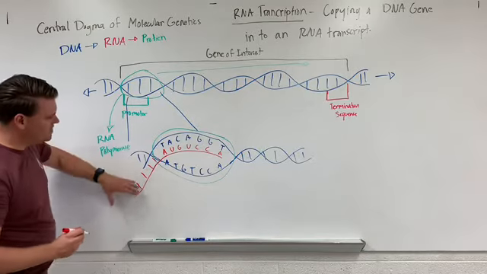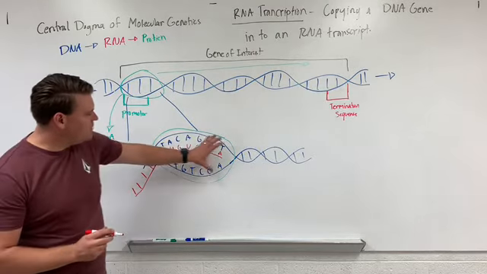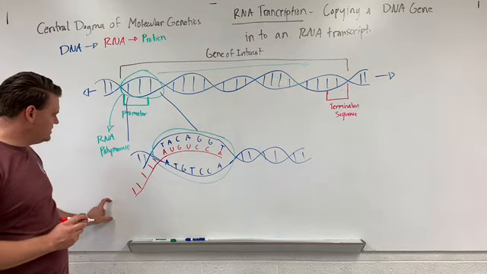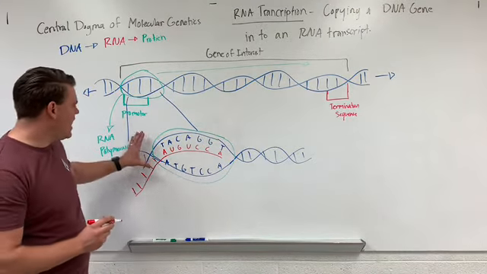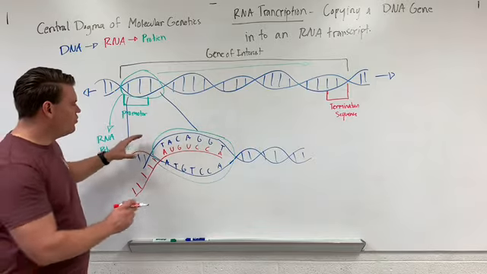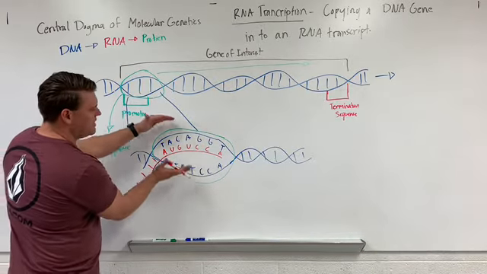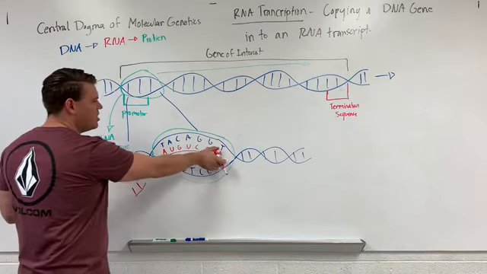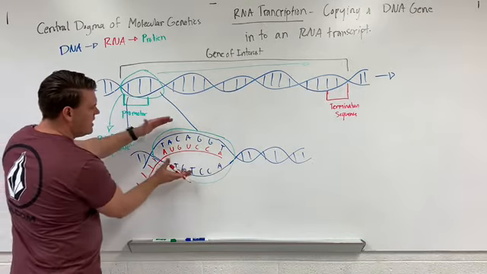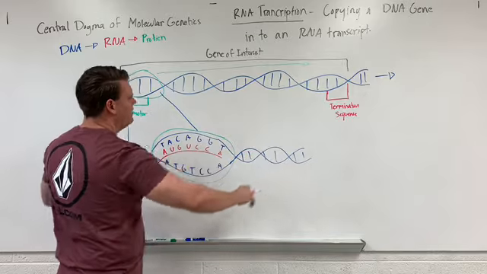I'm not going to write out these letters, but then you can see as it's moving here, the DNA strand is going to end up coming out the end. And our DNA, once it comes out, is going to come back together. So our RNA strand, sorry, I said that wrong. Our RNA strand is going to come out, and then our DNA is going to come back together as this goes down.